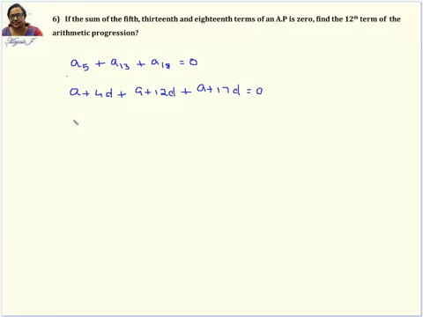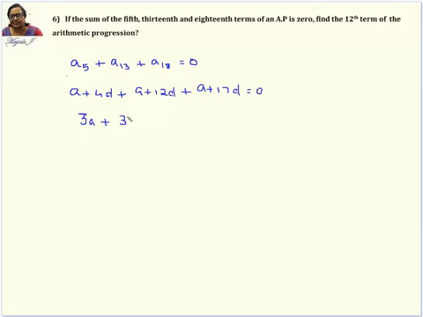A is equal to minus 11D, ma'am. No, you don't go for the direct. I asked you to simplify this. How many A's are there? 3A. To simplify this is going to be 3A. And how many D's are there? 4D plus 12D is 16D. 16D plus 17D is how much? 16 plus 16 is 32, and you have 17 here, so one more, 33.